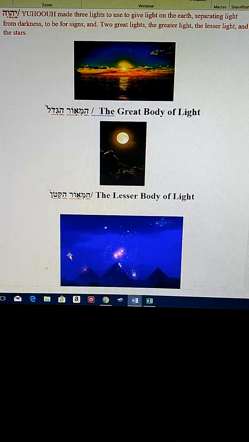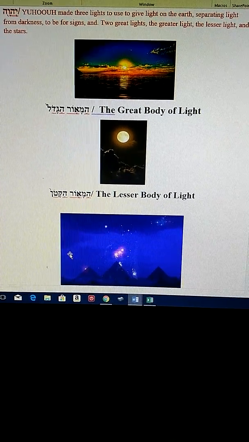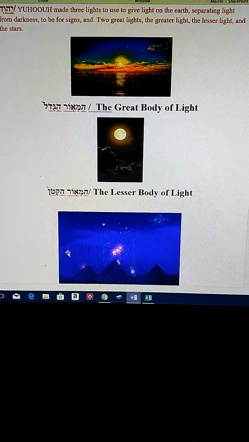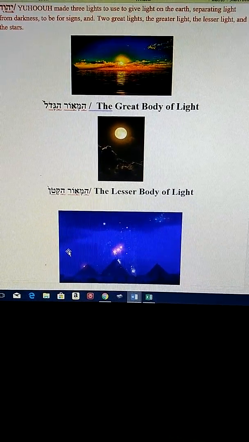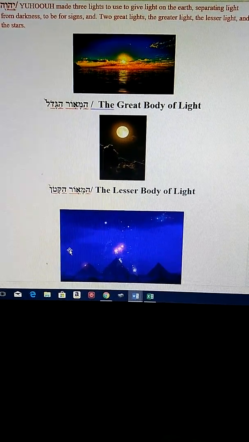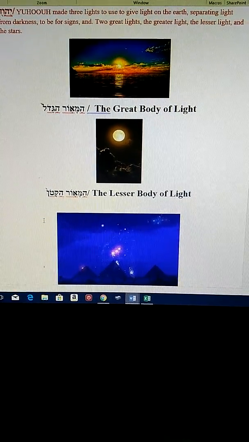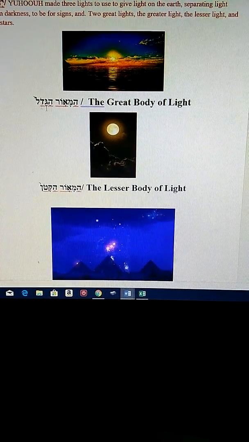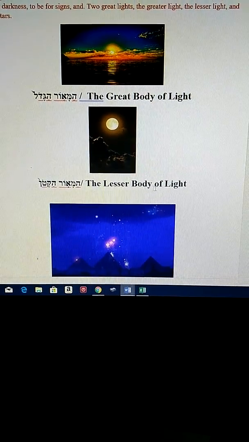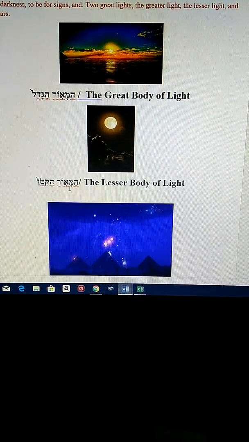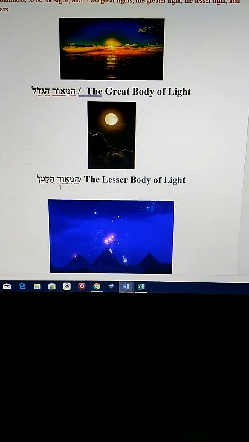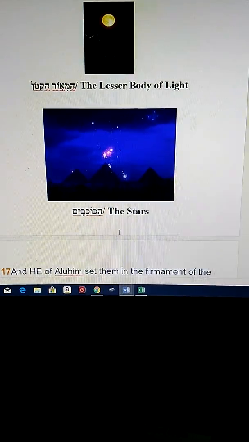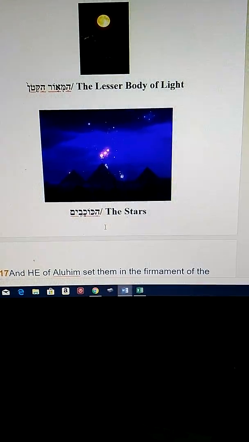So Yahuwah made three lights to give light on the earth, separating light from darkness, to be for signs: the greater light, the lesser light, and the stars. And we see here the great body of light, ha-ma'or ha-gadol, once again the lesser body of light, ha-ma'or ha-katan, and the stars, ha-kokhavim.